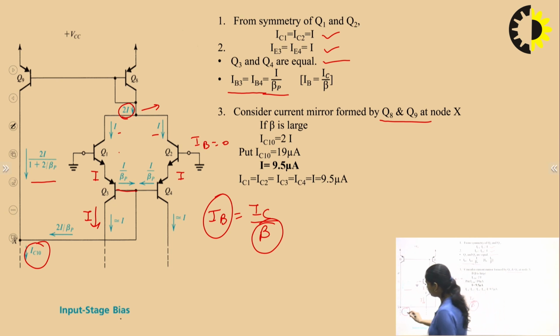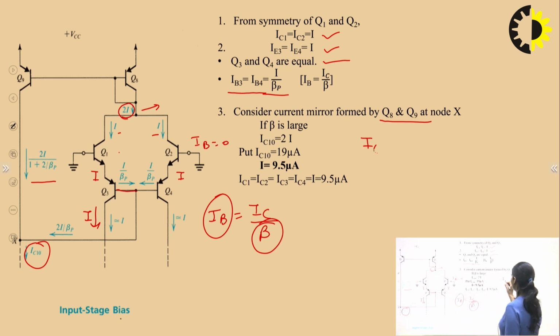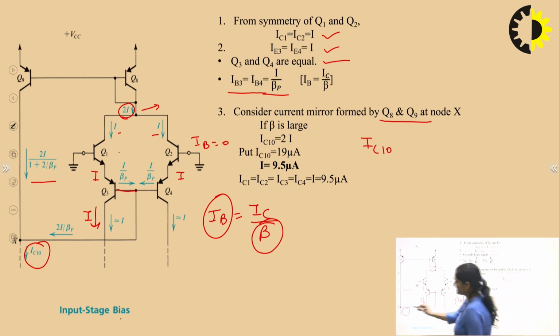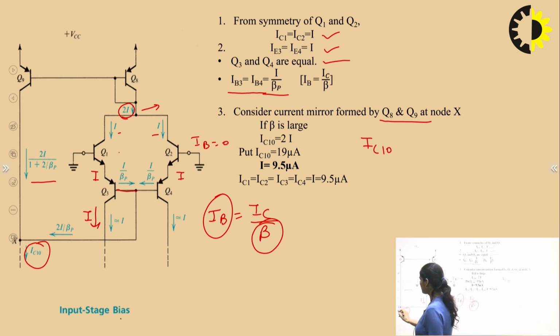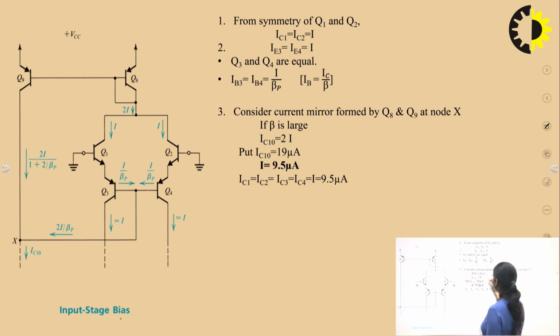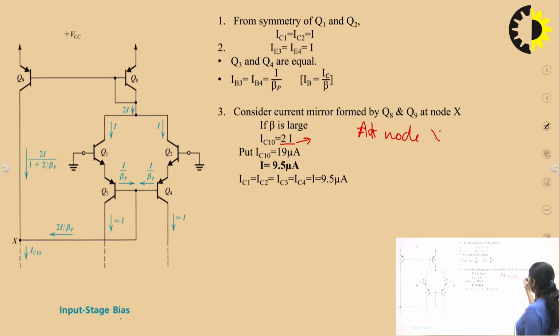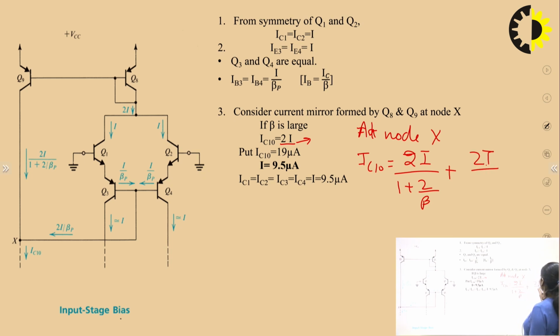Now we have to find out how much IC10 is. When we are applying KCL at this point, let us consider this is point X. How will we get IC10 equal to 2I? At node 10, IC10 is equal to 2I upon 1 plus 2 upon beta plus 2I upon beta.